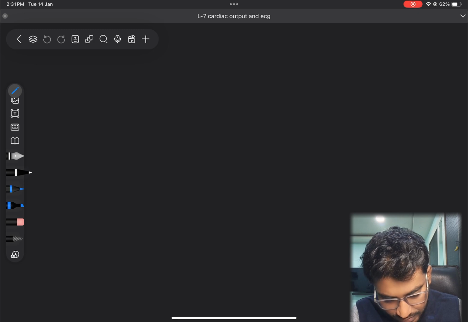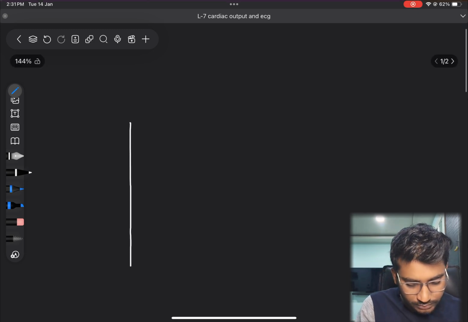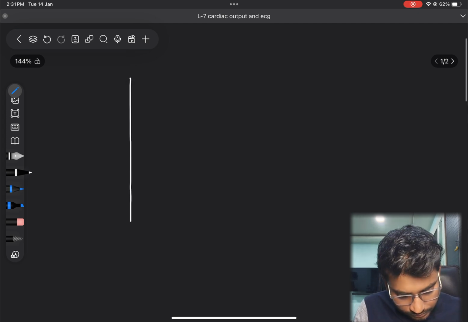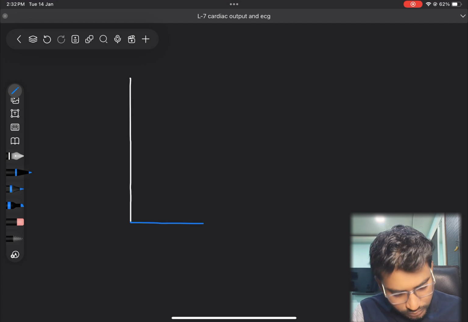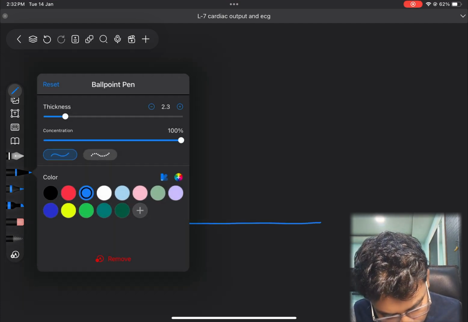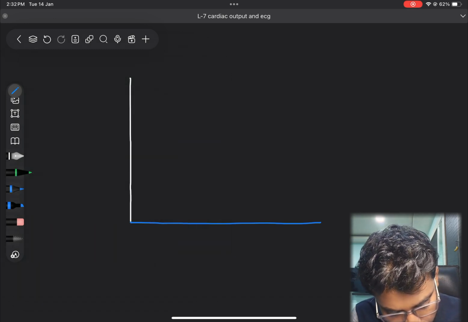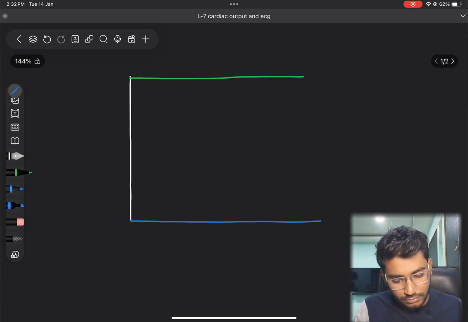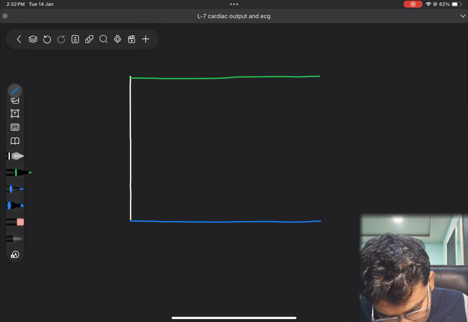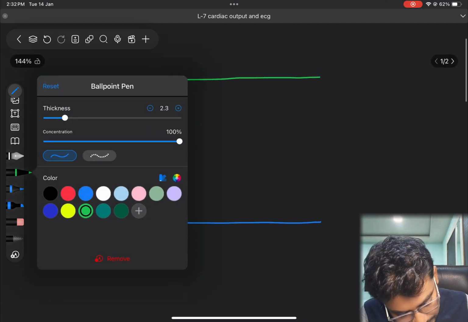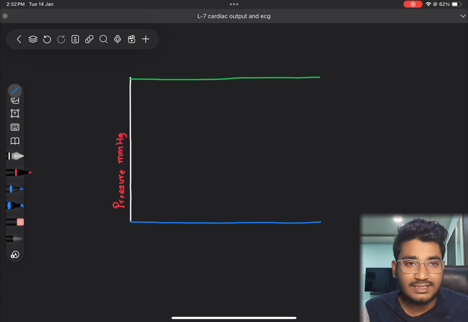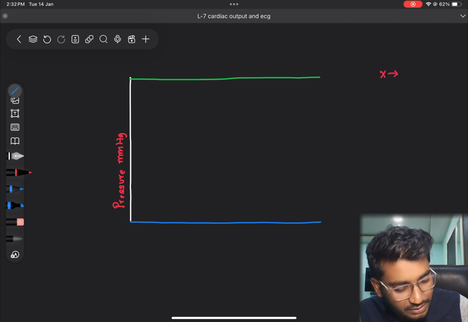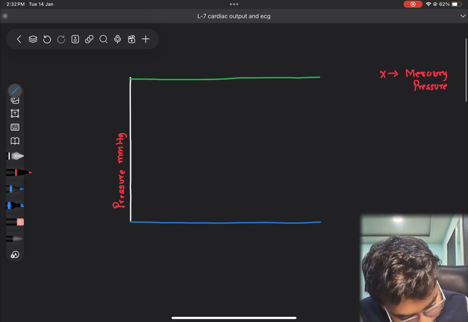Okay, now please see. Let's consider this as pressure in millimeter of mercury on the y-axis and time in milliseconds on the x-axis.